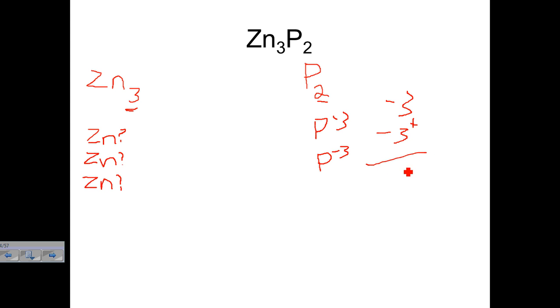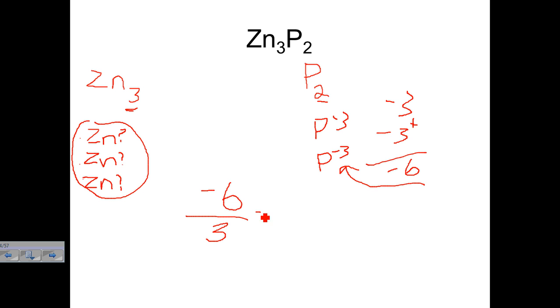That's going to give me a total of -6. That's my total charge on all my phosphoruses. Now I take -6 divided by my number of zinc. How many zinc do I have? I have 1, 2, 3. So -6 divided by 3 equals 2. So all my zinc are actually zinc plus 2s. Here's the key: it's +2.